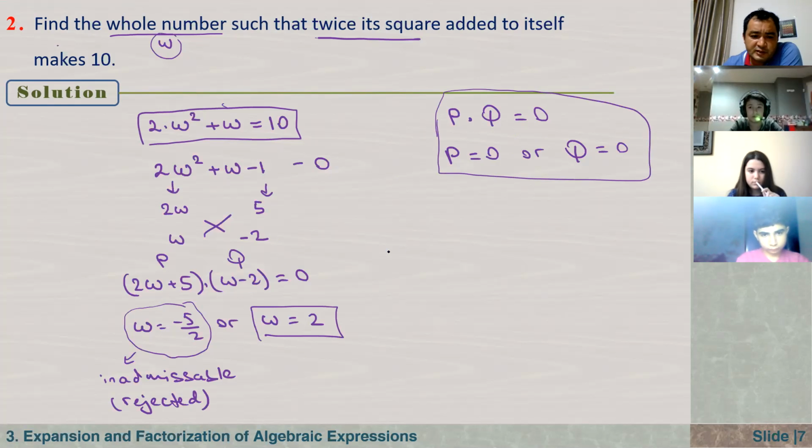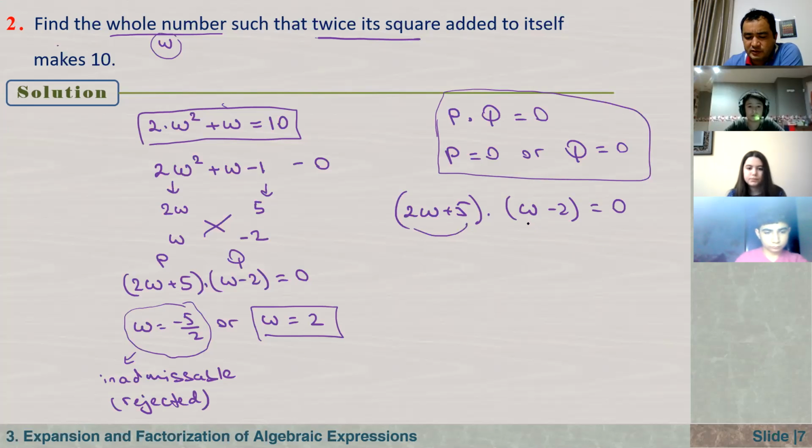So here, two things are multiplied: 2w plus 5 times w minus 2 is equal to 0. That's our first algebraic expression, and that's the second one. Their product is equal to 0 if and only if either 2w plus 5 is equal to 0 or w minus 2 is equal to 0.